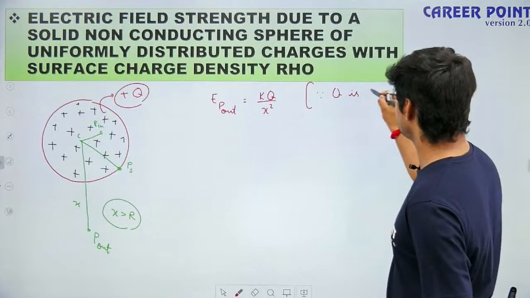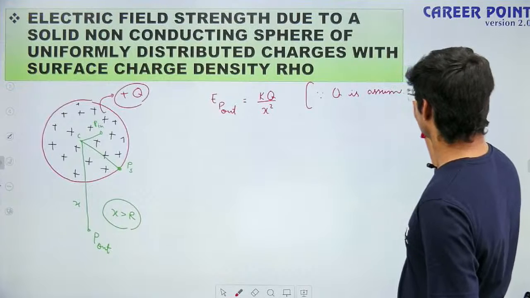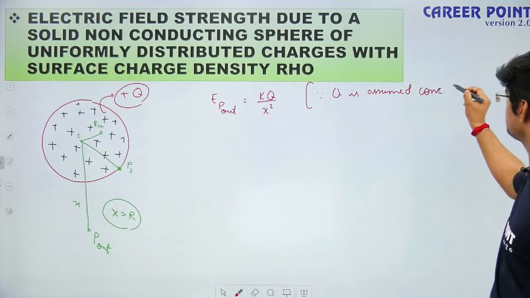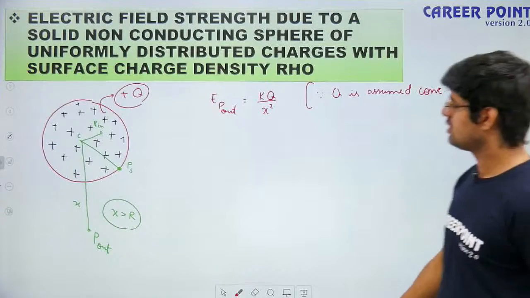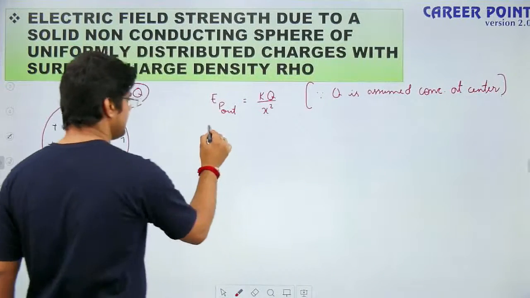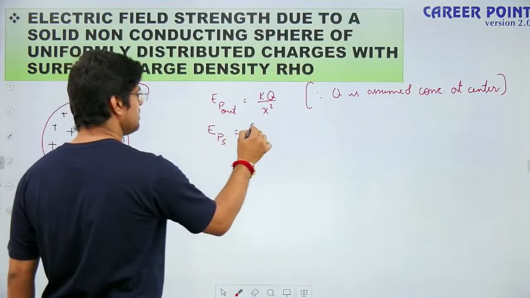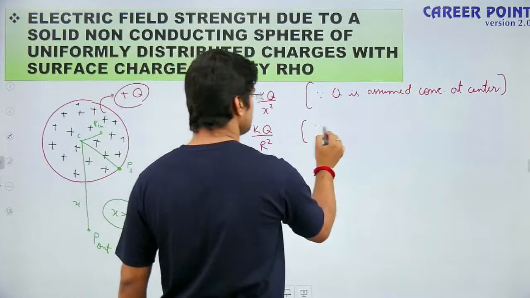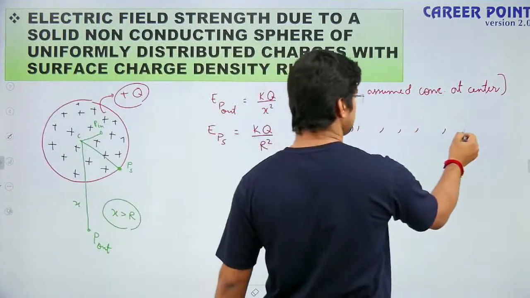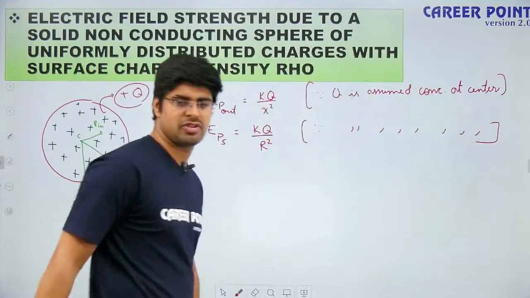Q is assumed concentrated at center. Now the electric field at the surface point, E P S, is also similar: kQ by R square, because Q is assumed concentrated at the center, same as before.